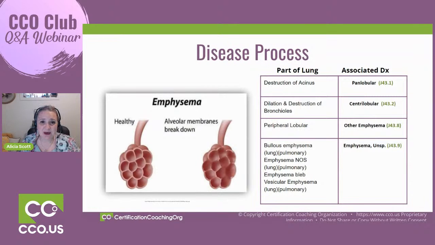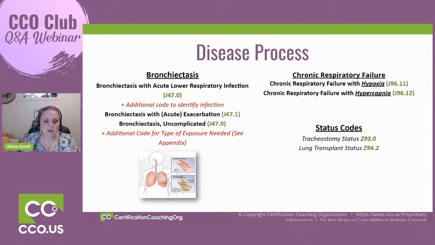But emphysema unspecified, a lot of different titles of emphysema fall into that. We have bullous, emphysema bleb, vesicular emphysema, etc. That would be J43.9. So anything that isn't identified in our first three boxes, panlobular, centrilobular, and other, if it doesn't fall in that, then it's going to go into unspecified.